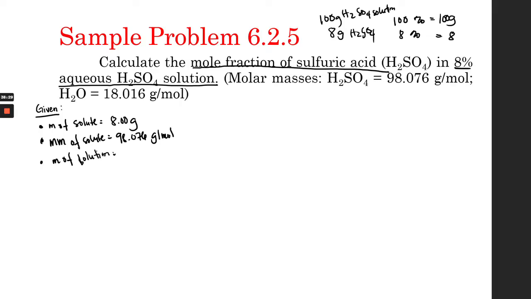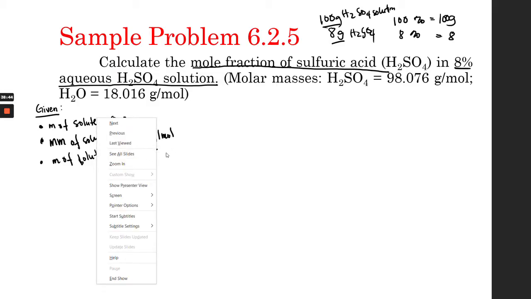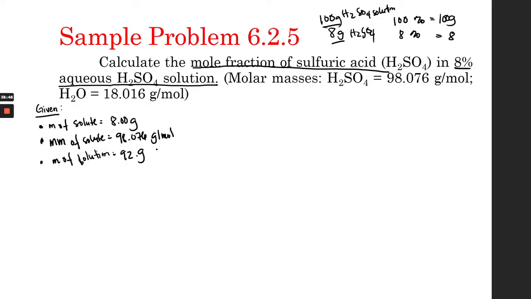And like I said, for an 8% H2SO4 solution, that's 8 grams of H2SO4, meaning the rest, the 92 grams, is the solvent, which is water. The molar mass of the solvent is 18.016 grams per mole.